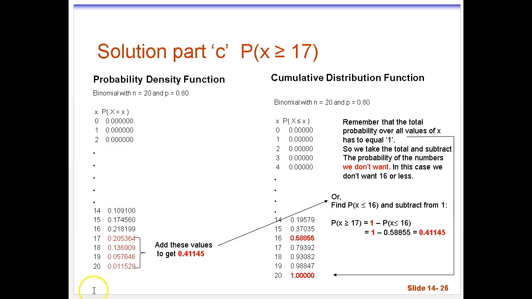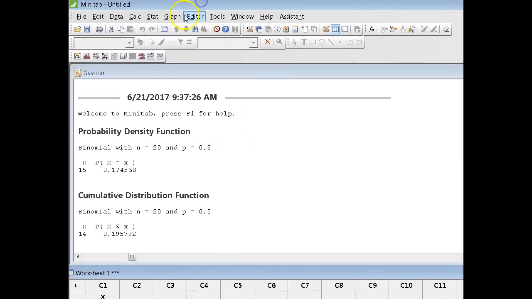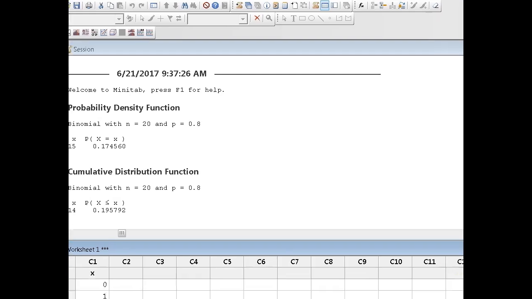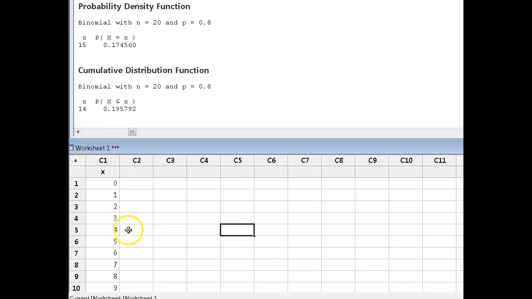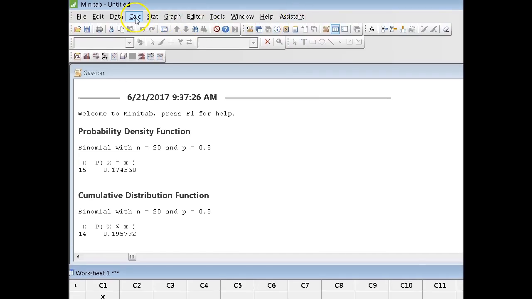All right, so let's just go to Minitab for a second and have a look at this. I've put the numbers 0 to 20 in column C1. I don't have to do this, but I just want to show you how this would work.